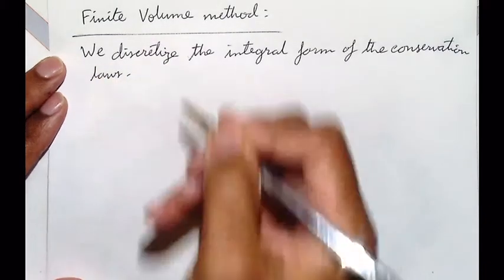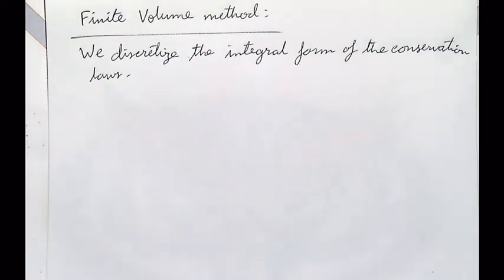Conservation laws being conservation of mass, momentum, and energy. And have you heard of finite volume methods before? They are basically what almost every commercial software uses. Most of them use finite volume methods.